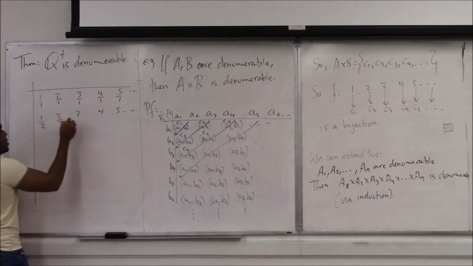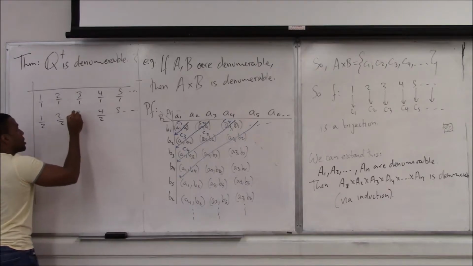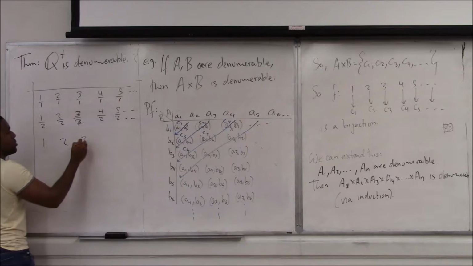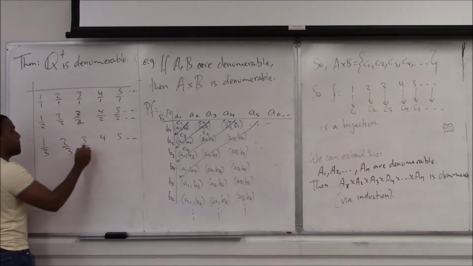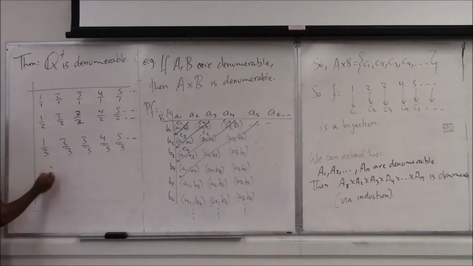Second line, divide it 1 by 2. Divided 1 by 3. And so on. You'll be able to list every rational number this way, in theory, and just choose a function that does the same thing.